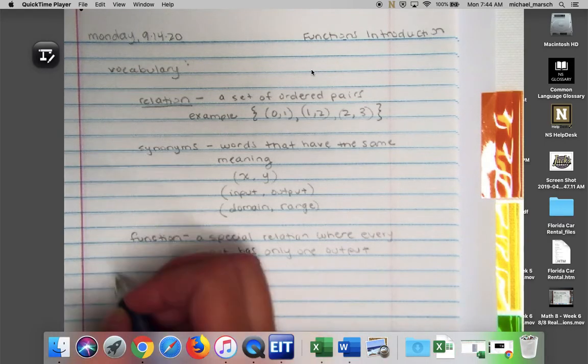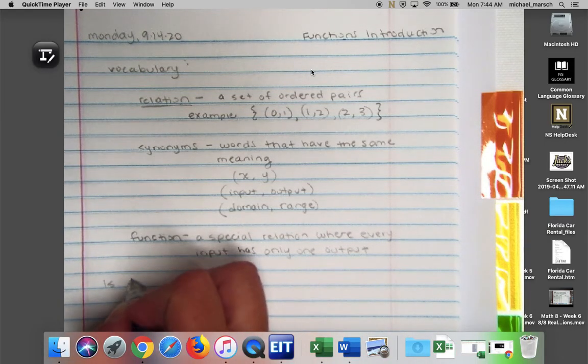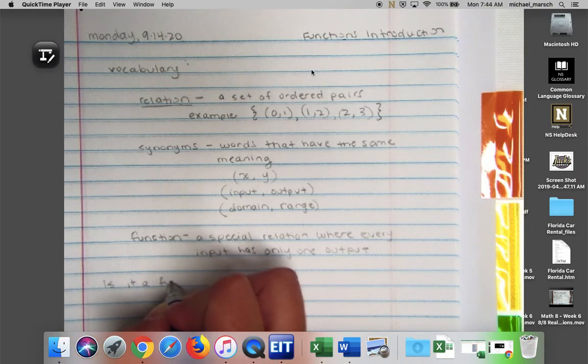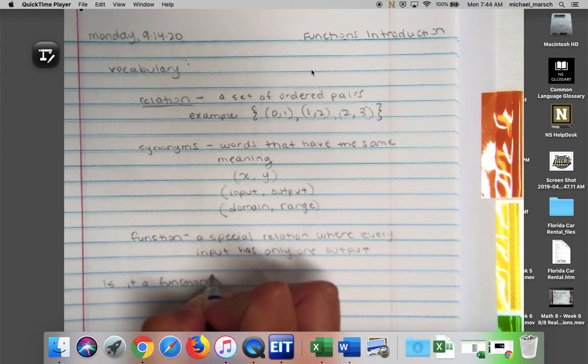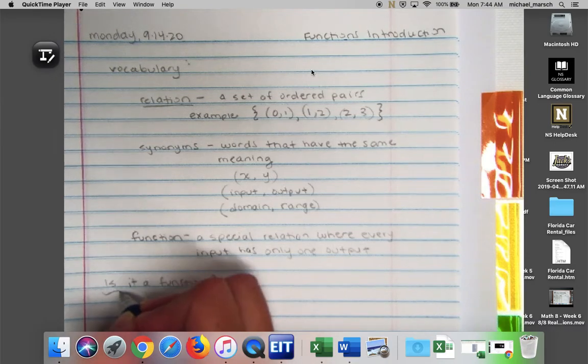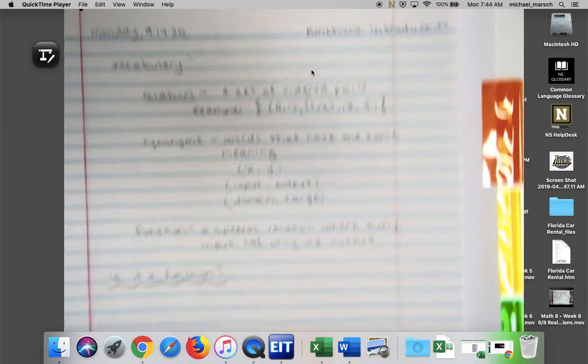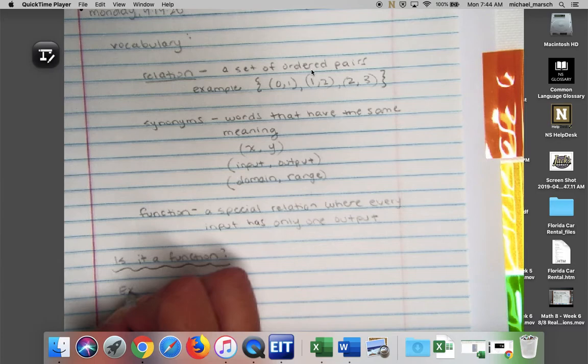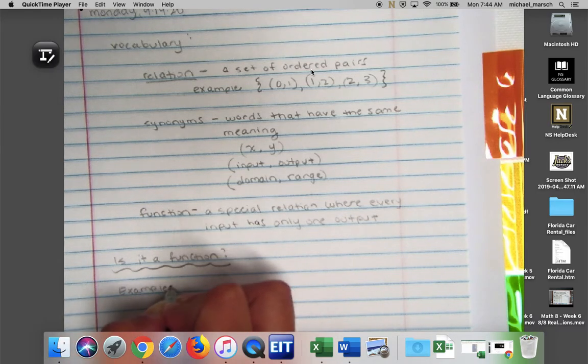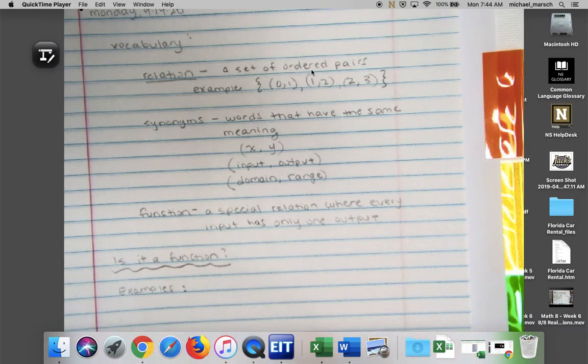So let's start out with identifying functions. So we're going to look at a few examples, and you're just going to tell me, is it a function or not?